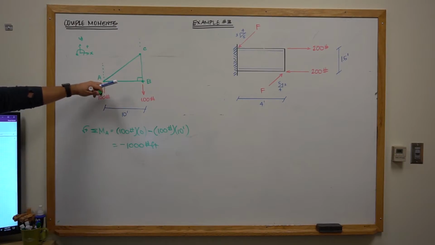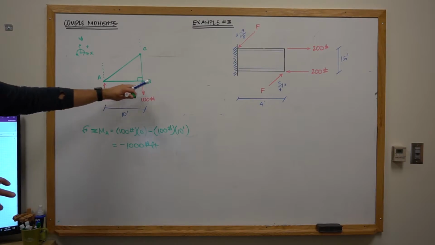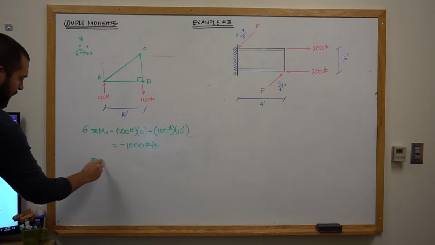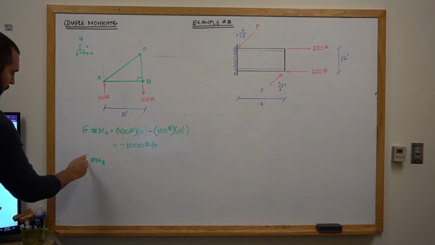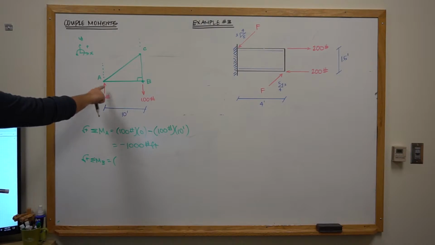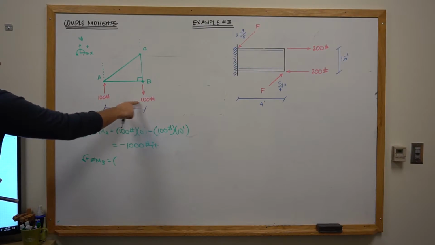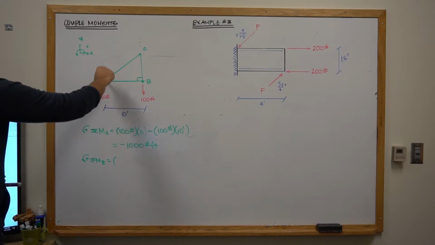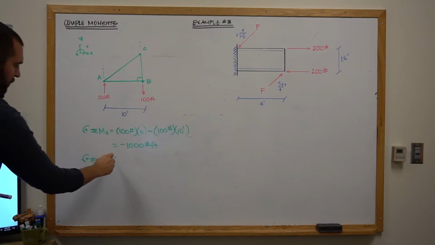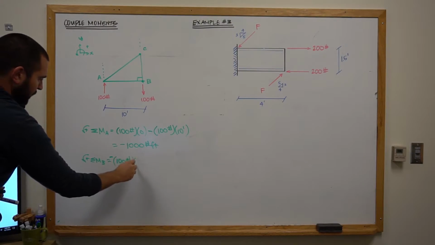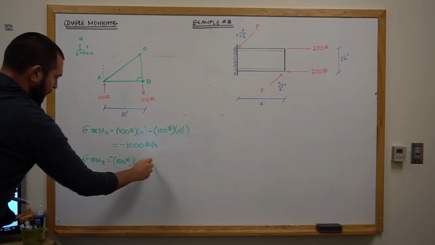All right, so we calculated about A, but now let's go ahead and calculate it about B. If I sum the moments about point B, I'm going to have this 100 pounds has a perpendicular distance of 10 feet and is causing a clockwise rotation about point B, so it'll be a negative moment due to that 100 pounds times 10 feet.